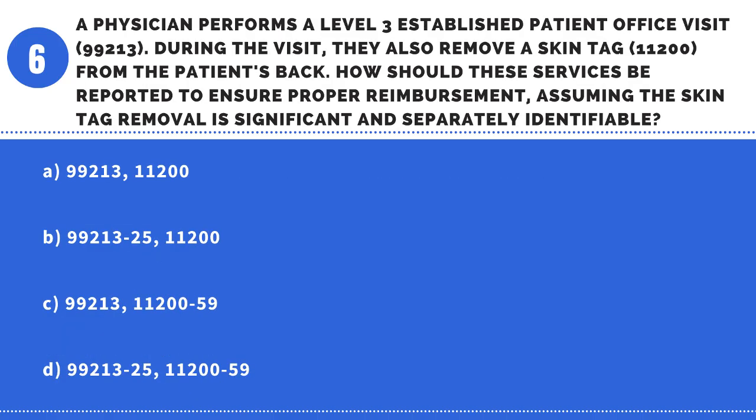Question 6. A physician performs a Level 3 established patient office visit, 99213. During the visit, they also remove a skin tag, 11200, from the patient's back. How should these services be reported to ensure proper reimbursement, assuming the skin tag removal is significant and separately identifiable?